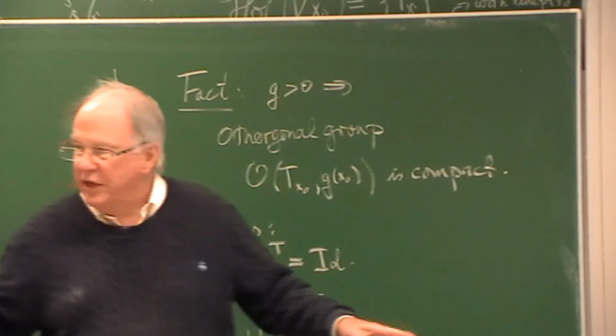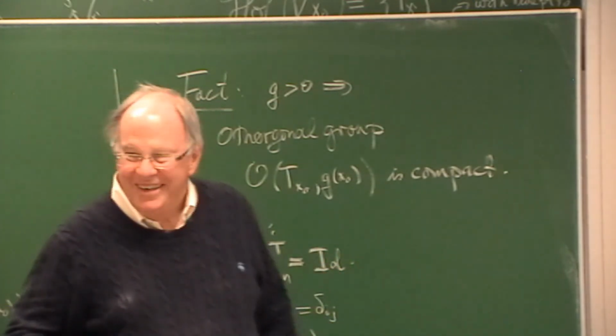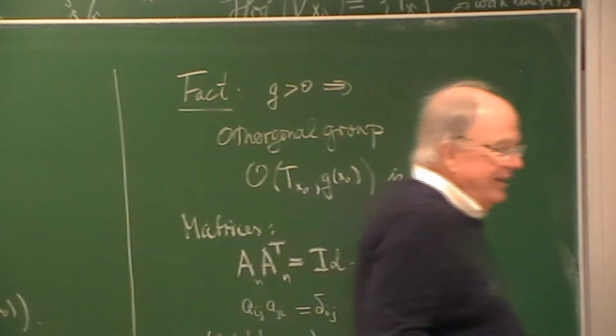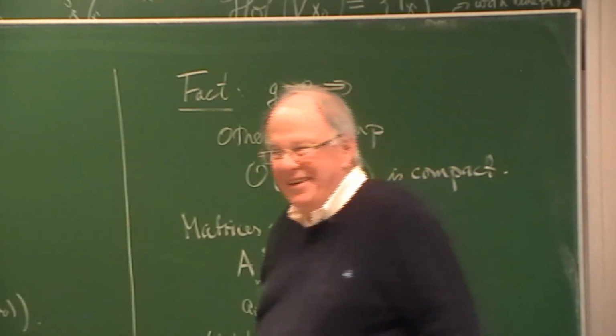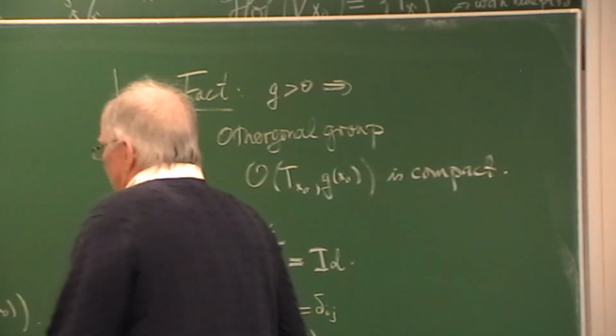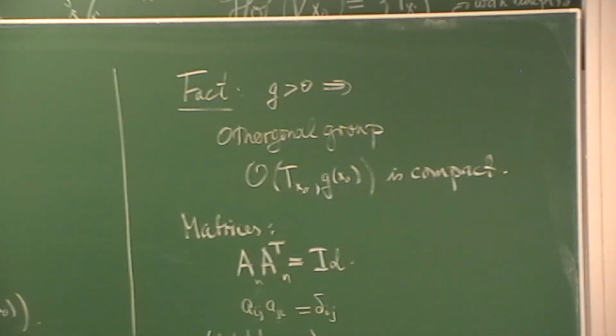Okay. What was your question? Shouldn't we have A, g, A transpose equals identity? Okay. There is only one positive definite metric on a vector space, up to conjugation. Yeah. Well, I just wrote it down. I'm finished.